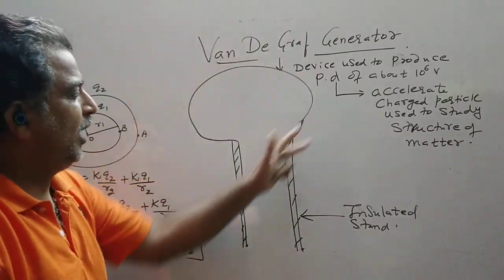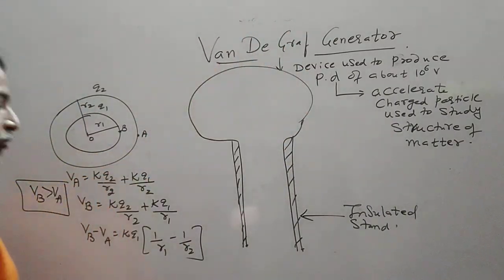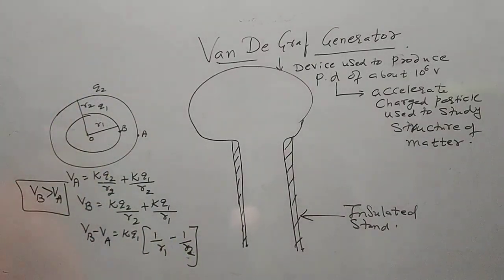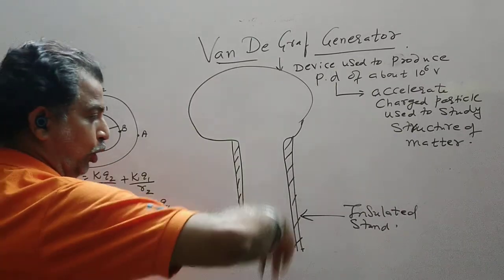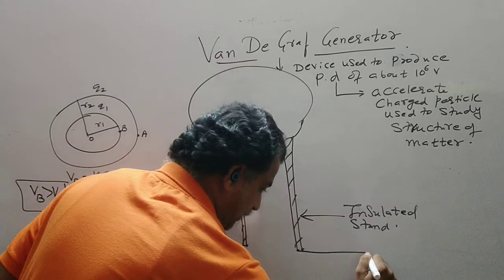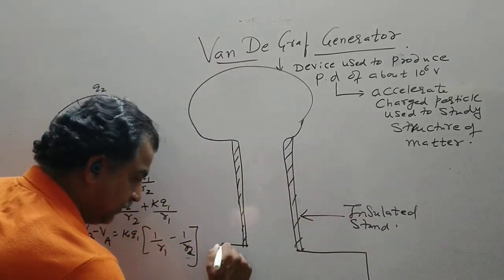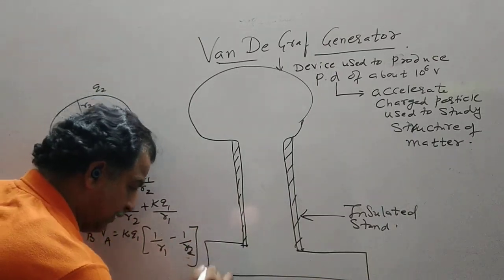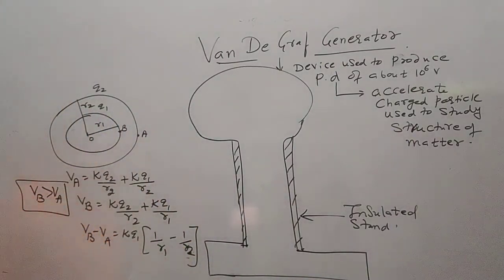So it consists of a large spherical shell, which, you have to remember, the inner sphere is at a higher potential, mounted on an insulated stand, and this insulated stand is placed on a grounded metal base.